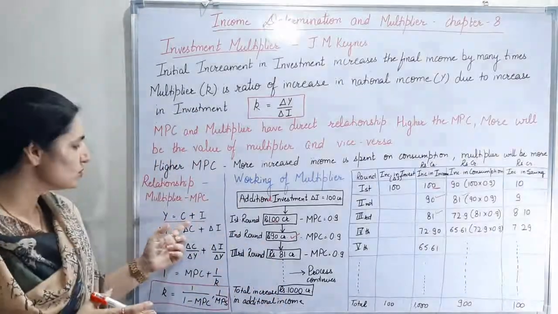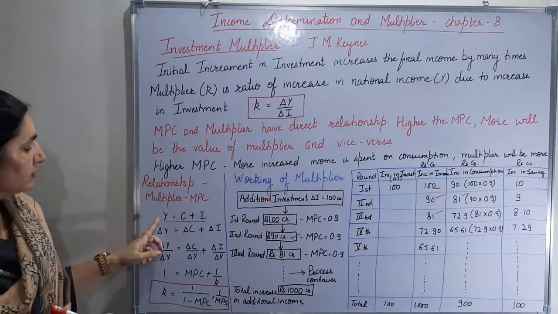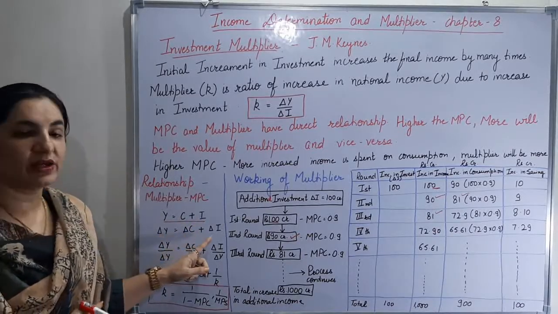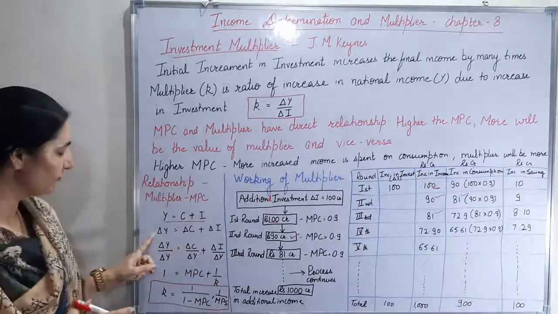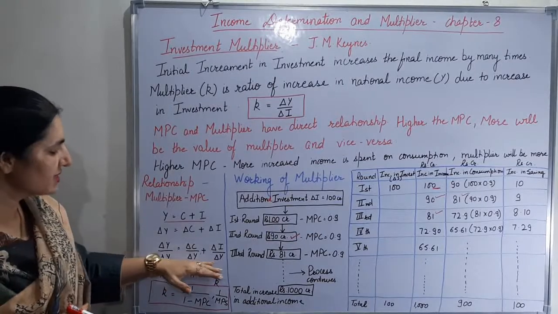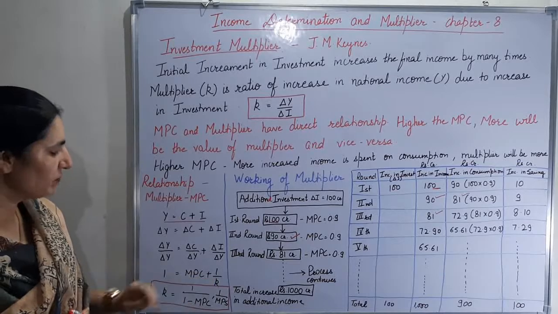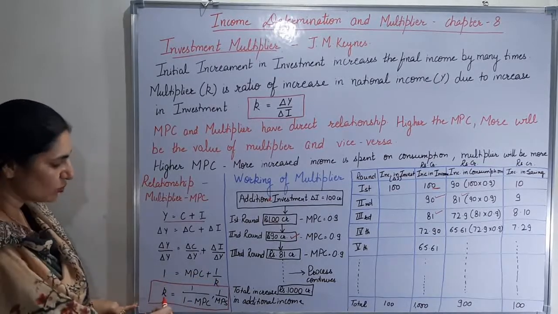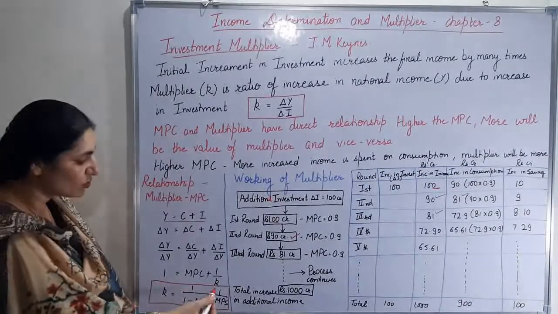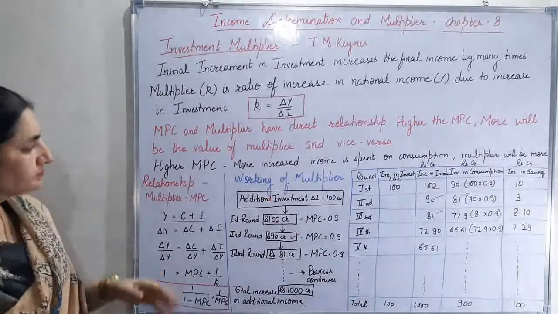So Y is equal to C plus I. When we change this equation by adding the additional values in all the variables and divide by the same value, we derive 1 is equal to MPC plus 1 by K. It means that K is equal to 1 by MPC, that is, there is a direct relationship, and K is equal to 1 by MPS, that is the inverse relationship.